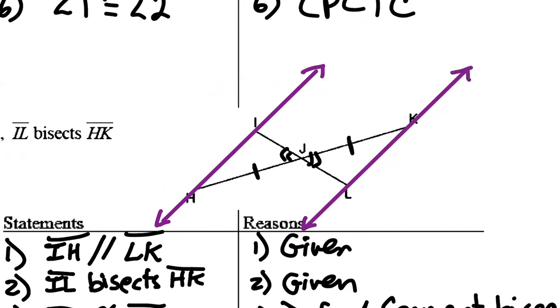So these are my two parallel lines. And the relevant transversal could be whatever you want it to be, because there's two possibilities. But let's say, for example, it's this one. I'd have two parallel lines cut by this transversal.